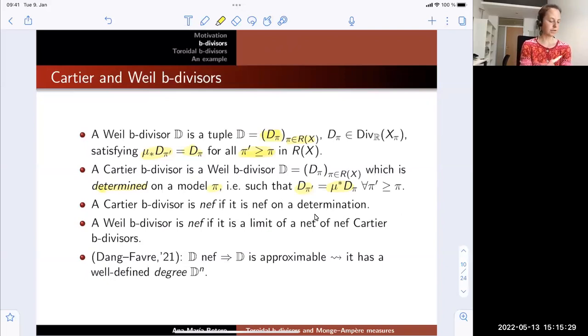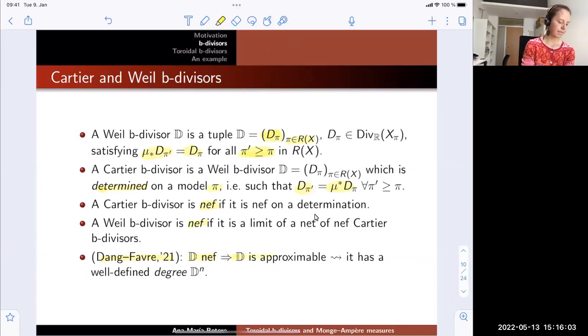notion to work with. So you say that a Cartier b-divisor is Neff if it is Neff on a determination, and a Weil b-divisor is Neff if it is a limit in this weak topology of a net of Neff Cartier b-divisors. So it was very recently shown by Dang and Favre that if your b-divisor is Neff, then it is not only a limit of a net of Neff Cartier b-divisors, but it is a limit of a monotonic sequence of Cartier b-divisors.